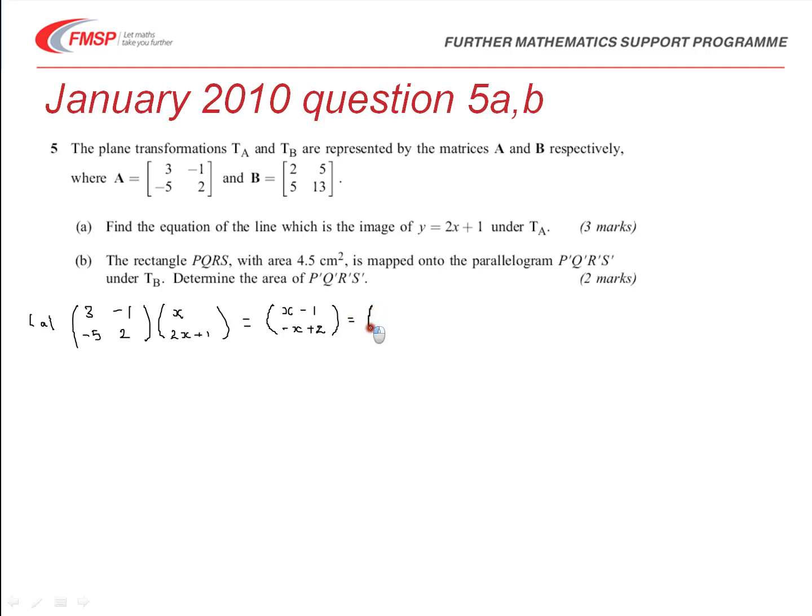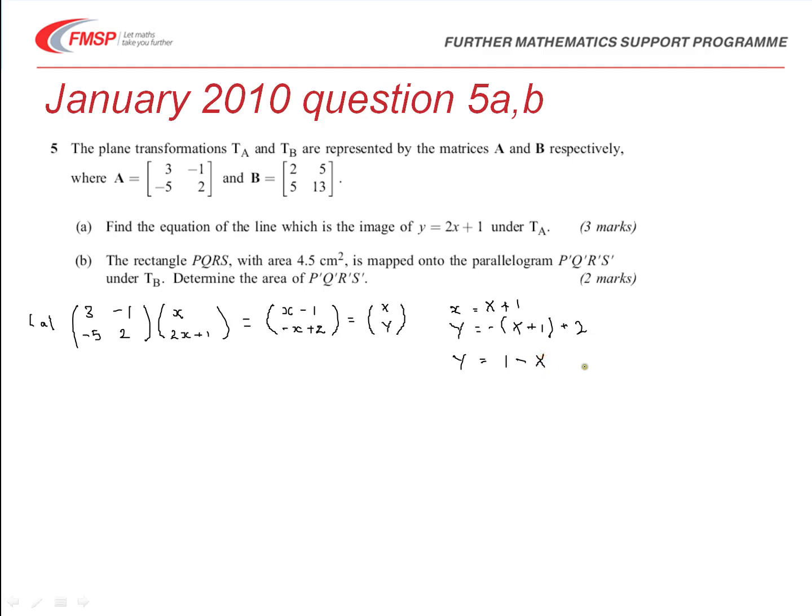So the new coordinates we can think of as being big X and big Y. And so now we want to eliminate the little x to get a relationship between big X and big Y. So if big X is equal to x minus 1, that tells us that little x is equal to big X plus 1, and then if we substitute that in for the fact that big Y is equal to minus x plus 2, that is going to give us minus big X plus 1 plus 2, which therefore gives us the line Y equals 1 minus x.